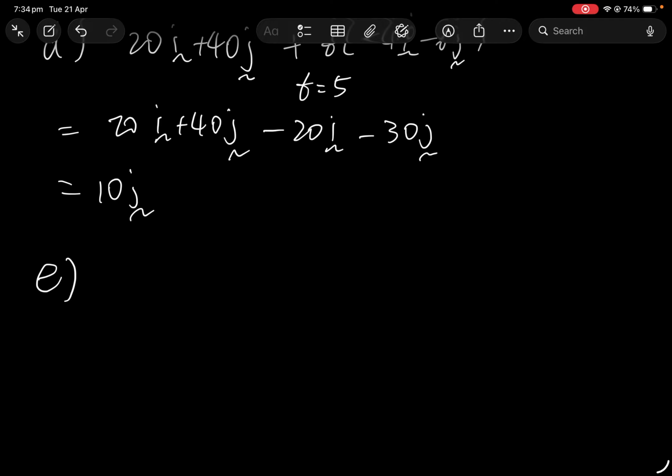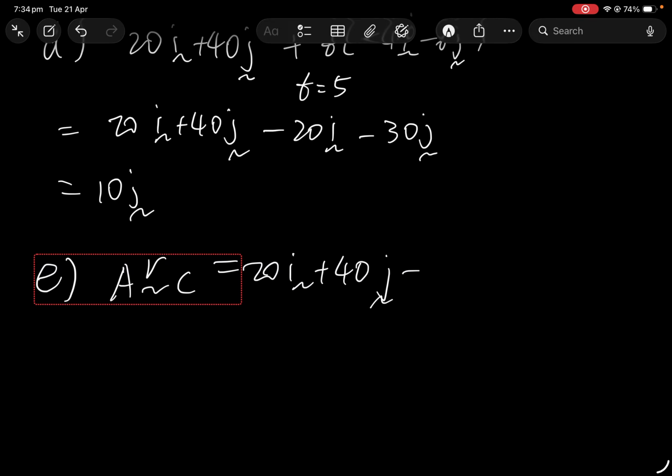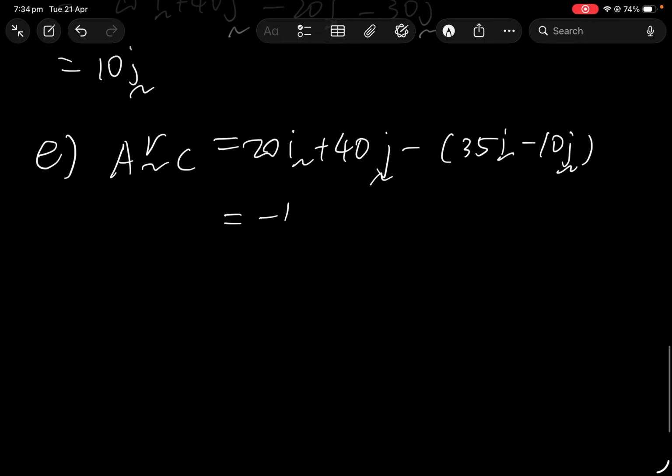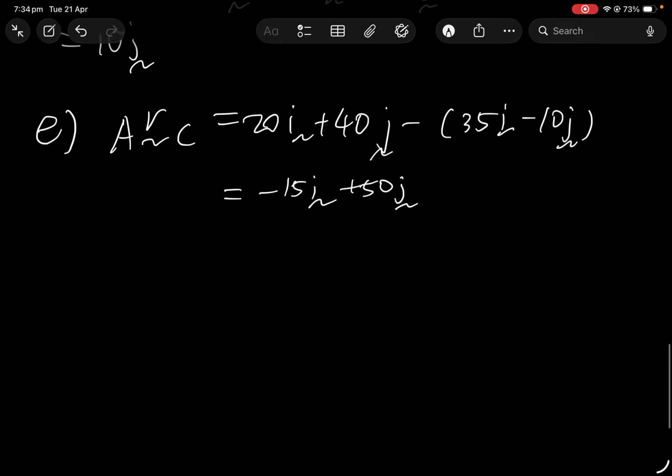So we first want to find the position vector of A relative to C. And this we will get 20i plus 40j take 35i take 10j. So this will get us negative 15i plus 50j. And now we know A relative to C.